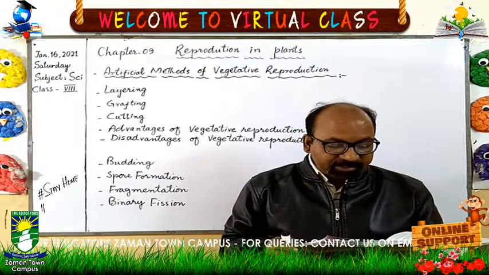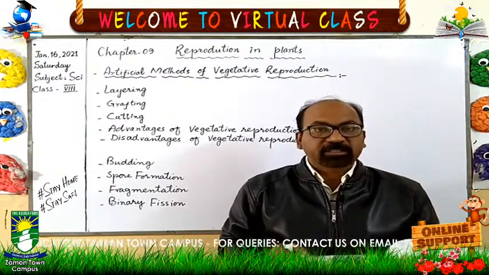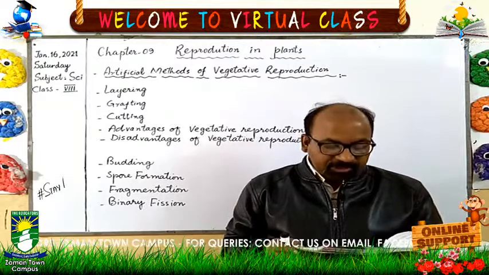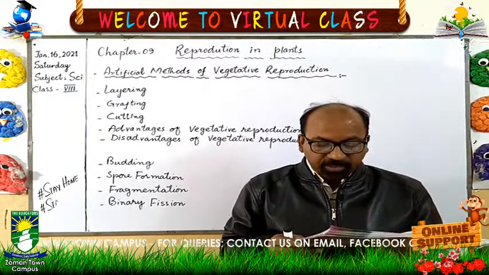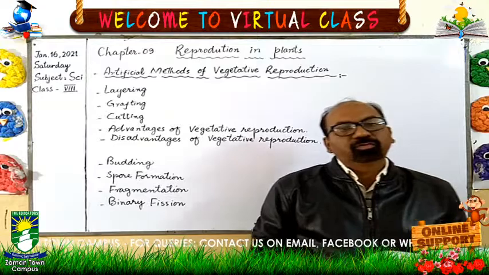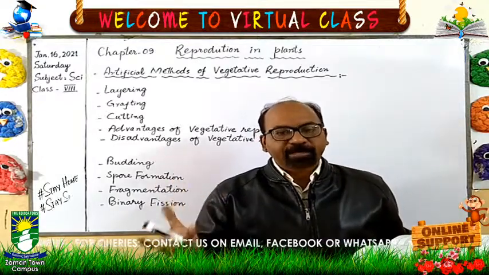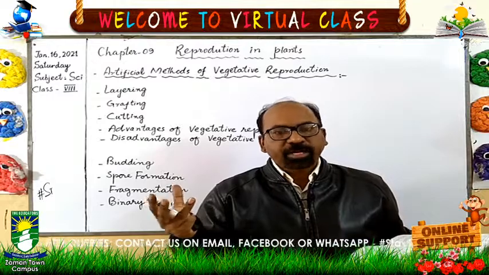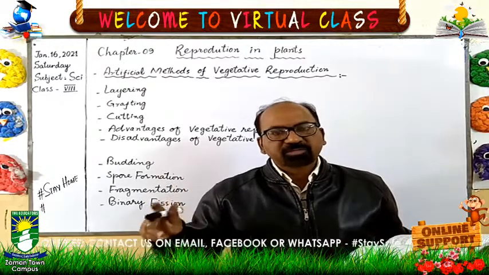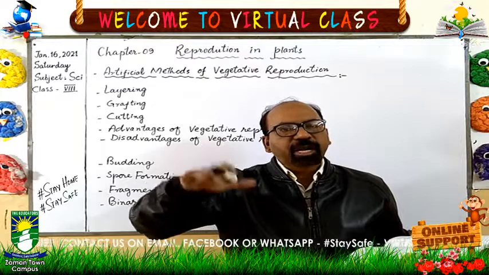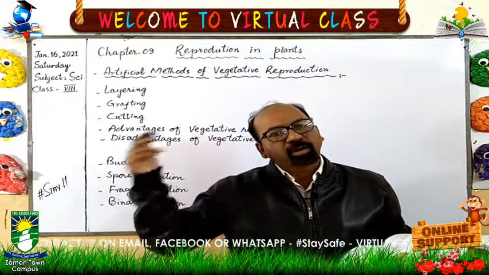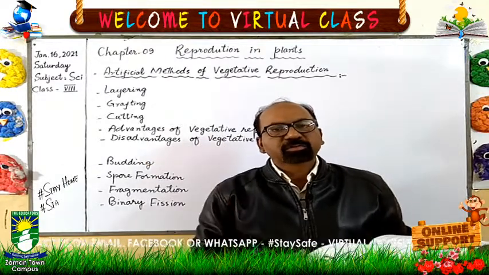Number two, vegetative reproduction is faster. It does not involve waiting for seeds to grow, because when we grow seeds, they take time to grow into a small plant, and after a long time they produce fruits.